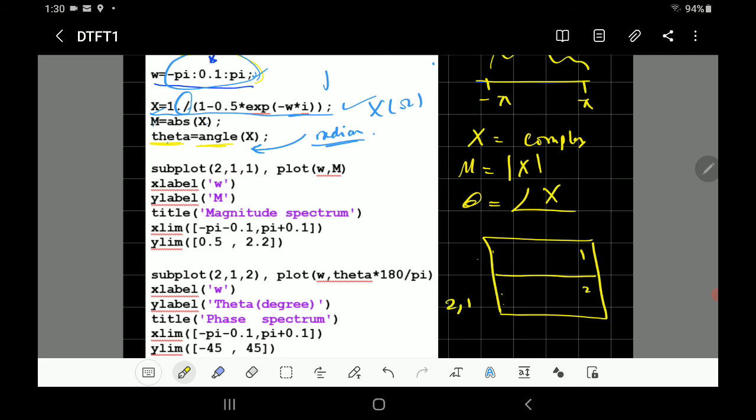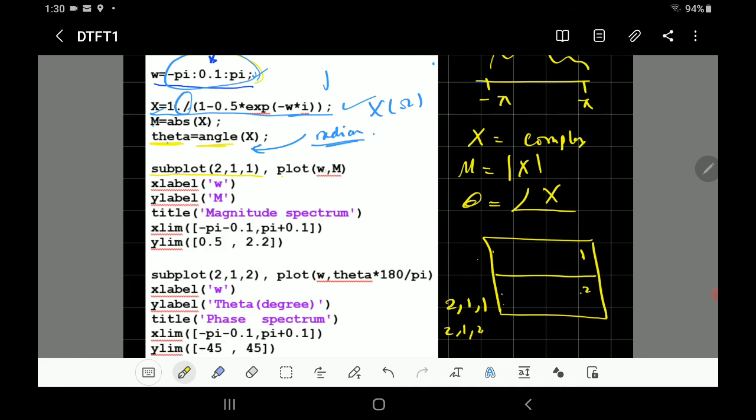If you put 1, you are in the top part. If you make 2, 1, 2, this goes to the second part of the screen. So I'm sketching the first, the top.